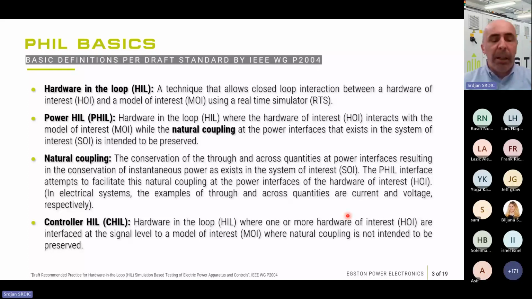Unlike power HIL, controller HIL does not enable preservation of the natural coupling, meaning that the instantaneous power is not conserved at the interface. So that's pretty much the main difference between controller HIL and power HIL.